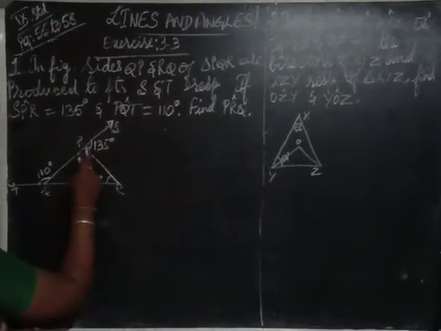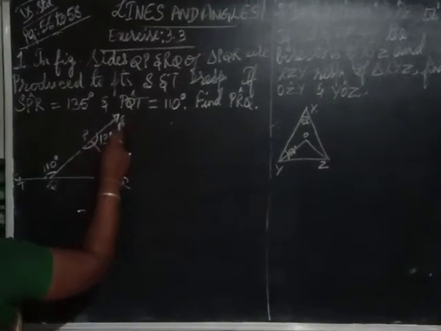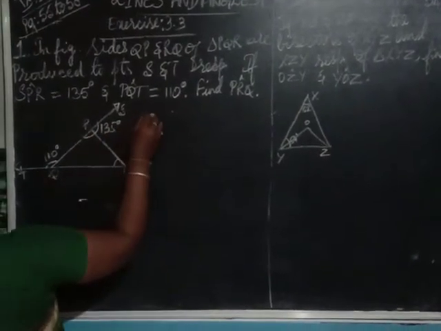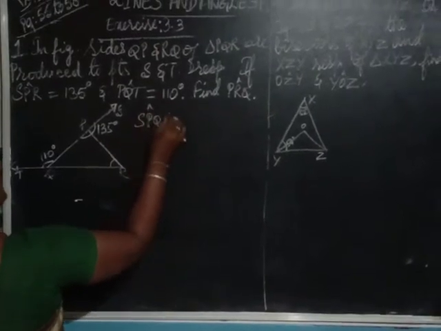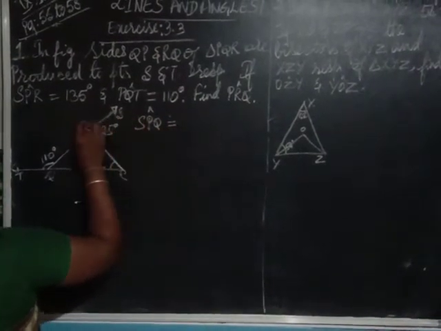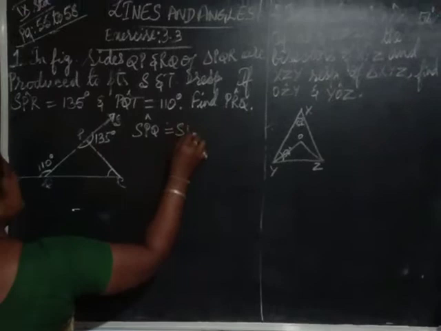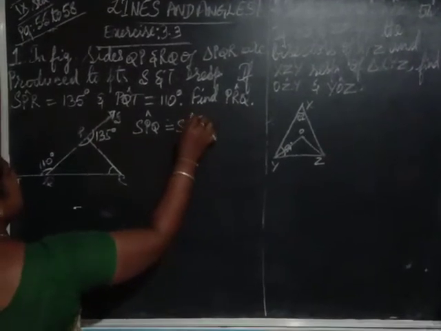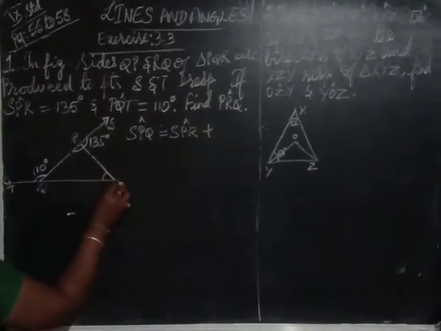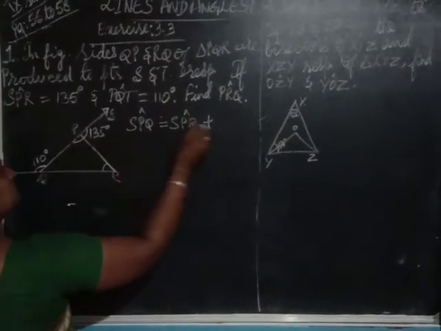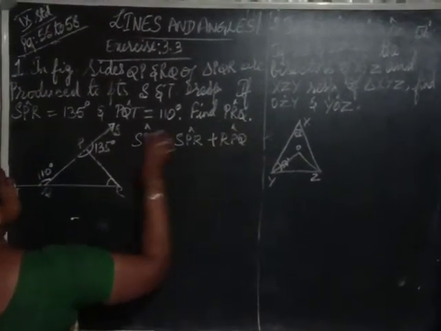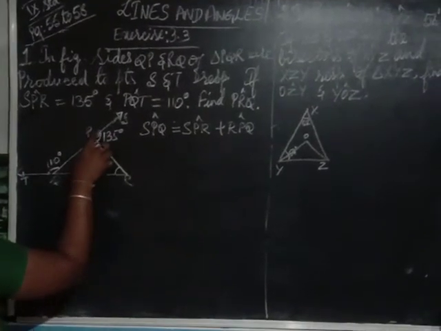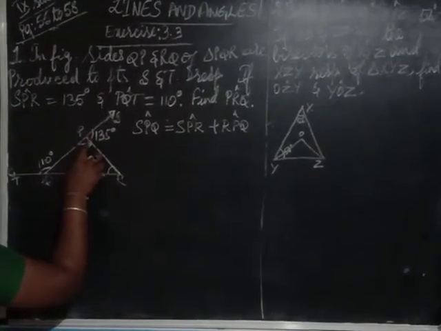So therefore we can say that angle SPQ is equal to SPR plus RPQ. See here, this one is RPQ. This is 135. This is how much? You don't know.